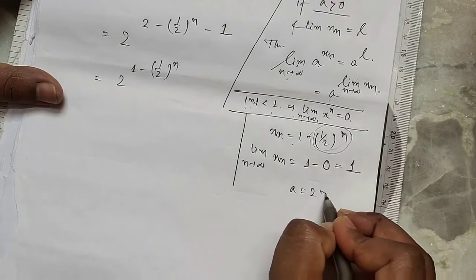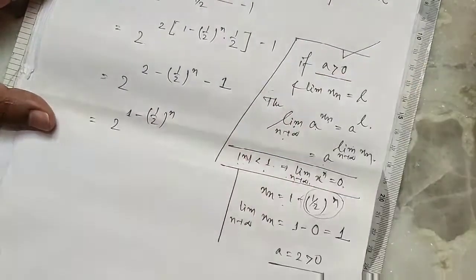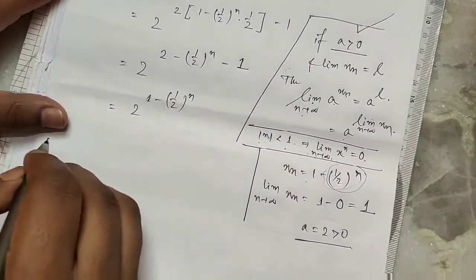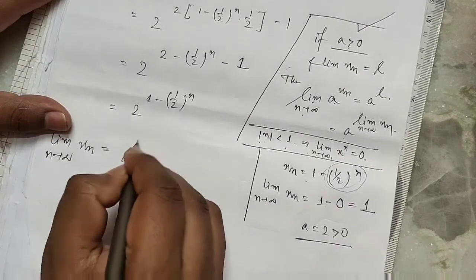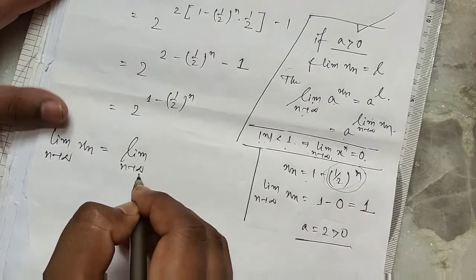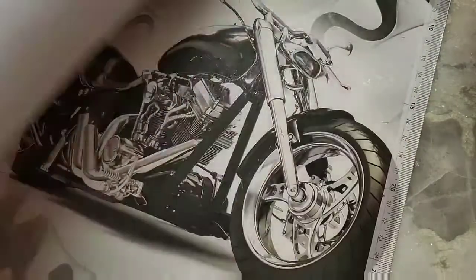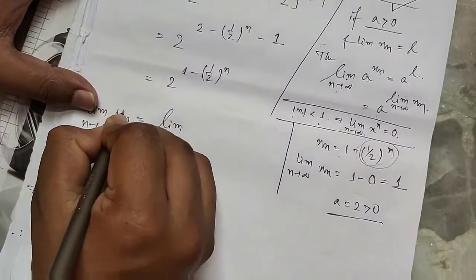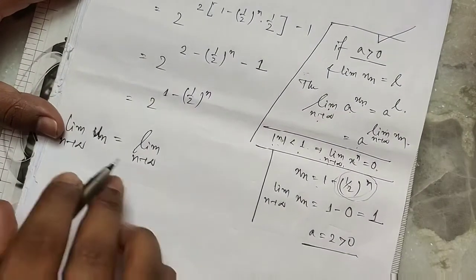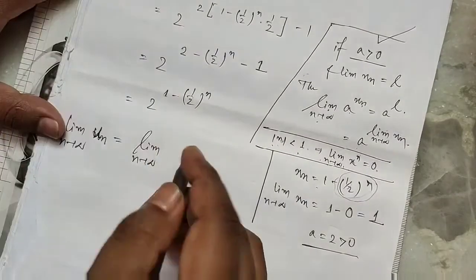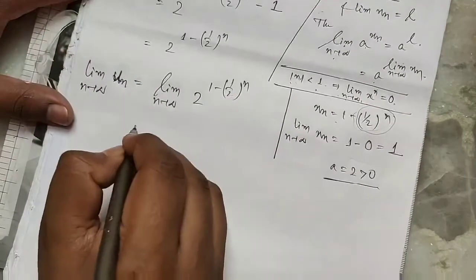And if we take a equal to 2, which is greater than 0, and apply this result, we have limit of un, which equals 2 to the power (1 minus half to the power n).